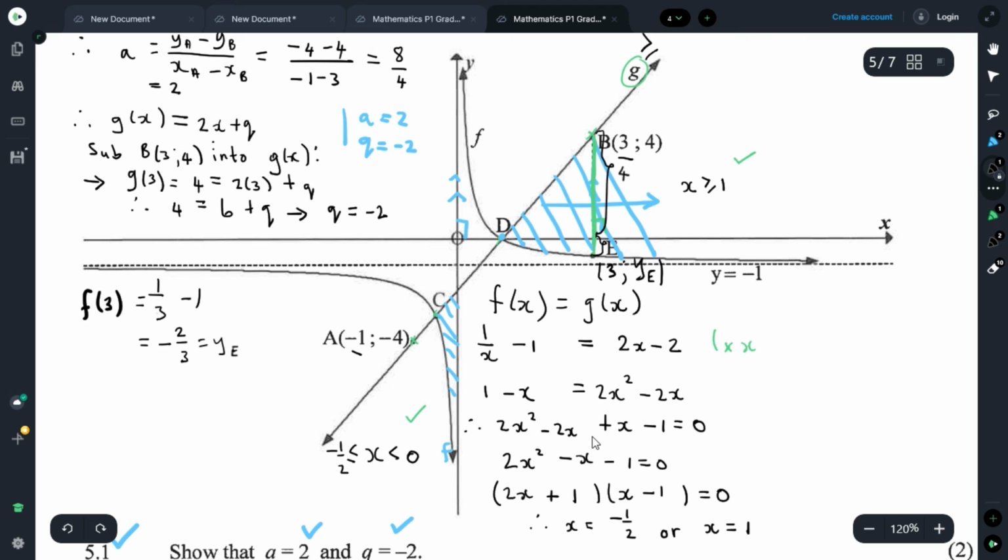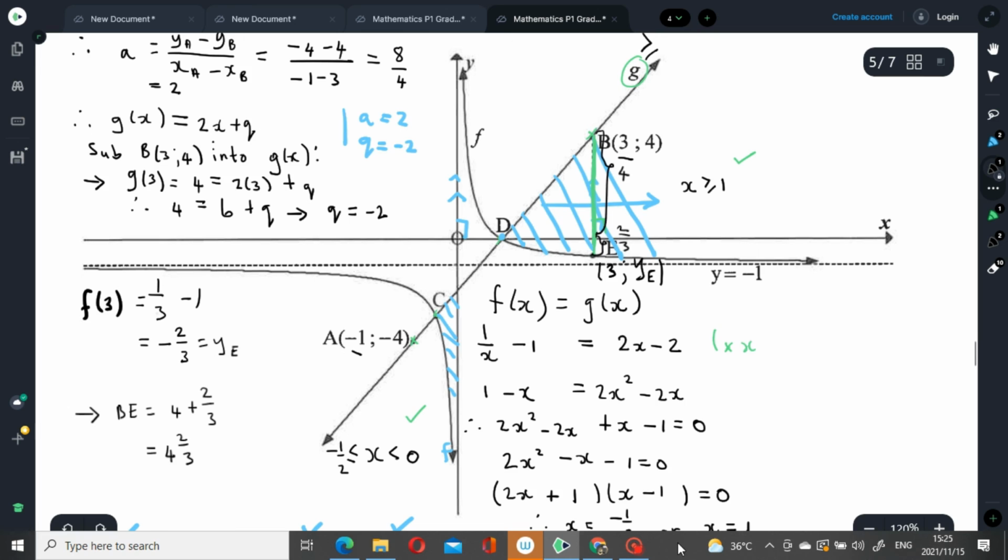And then the distance beneath that is 2/3. So just adding those two distances gives us the length of BE. So this implies that BE should be equal to 4 plus 2/3, which is 4 and 2/3. Very straightforward.